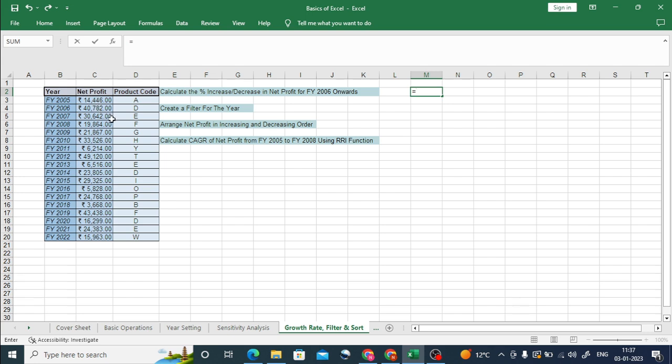That is, if we are trying to calculate the percentage of increase or decrease in financial year 2006 amount of net profit in comparison to the amount of net profit in financial year 2005, we simply select financial year 2006 amount, subtract financial year 2005 amount.